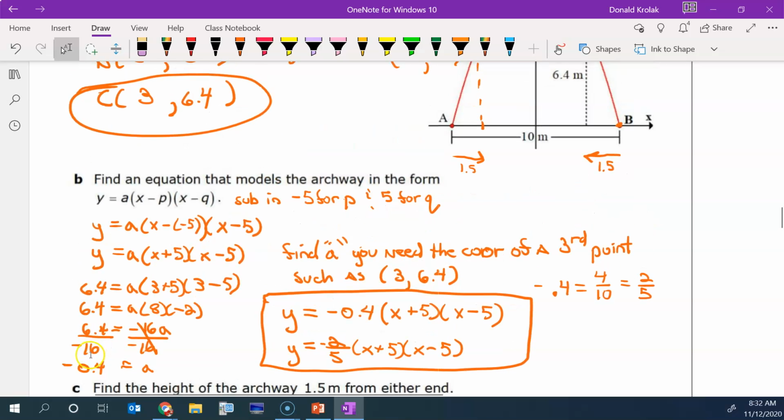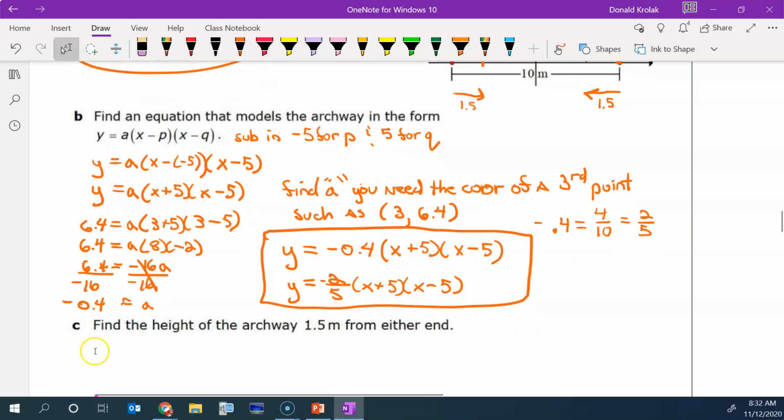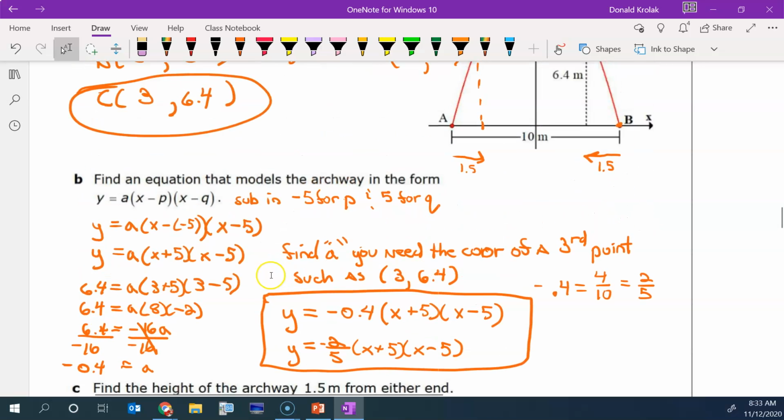Okay. And what am I gonna make it? Right. So if I did 1.5, that would be this way. But since I want to go in 1.5, I'm going to take 5.